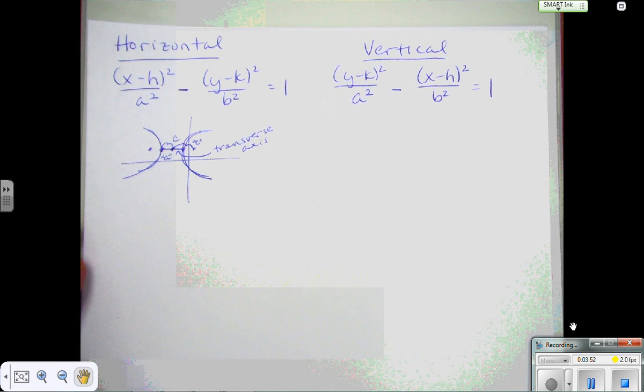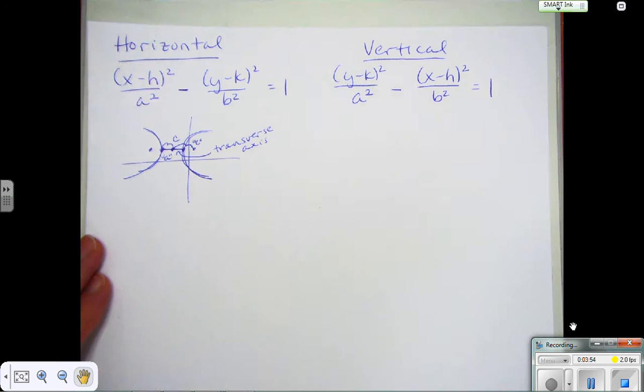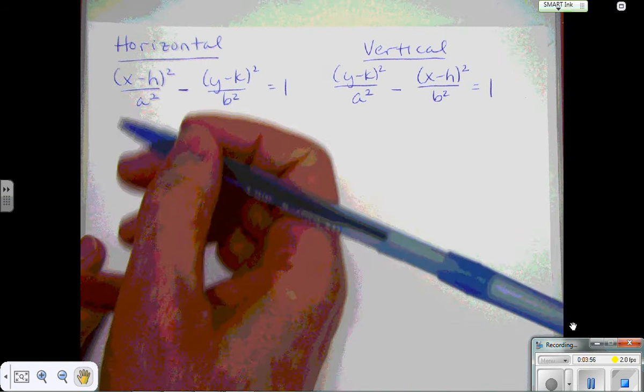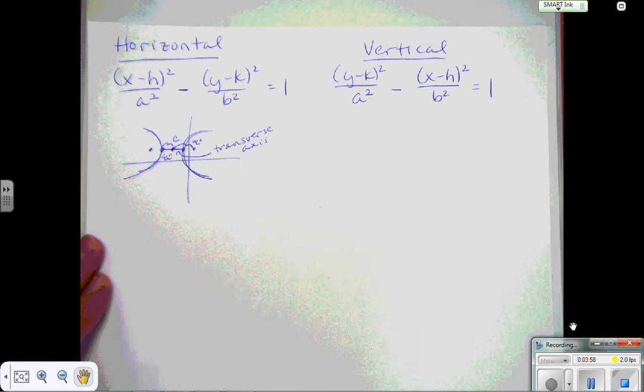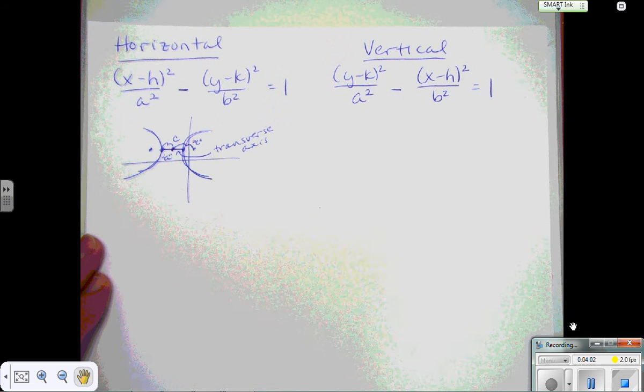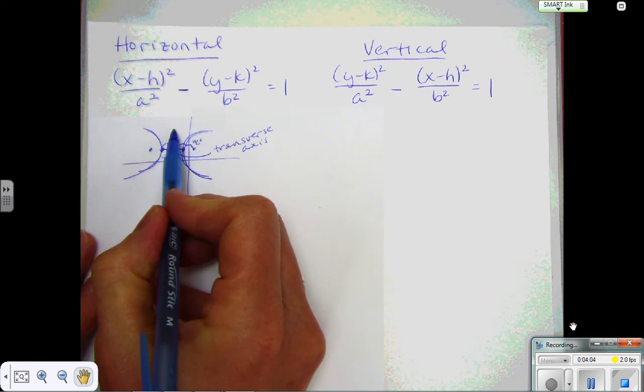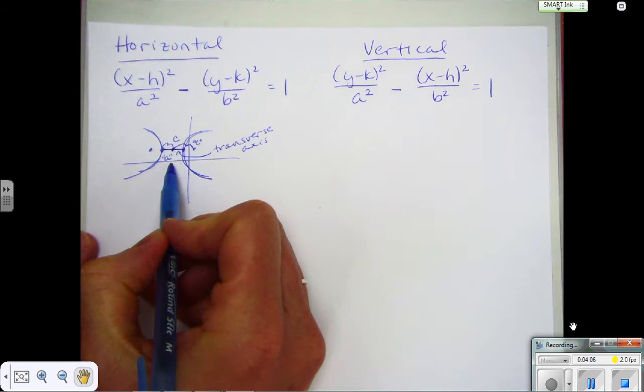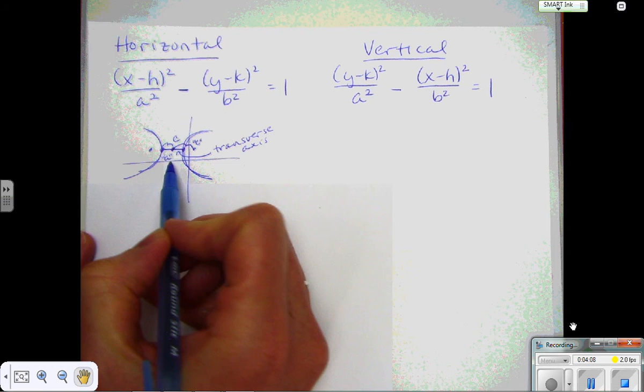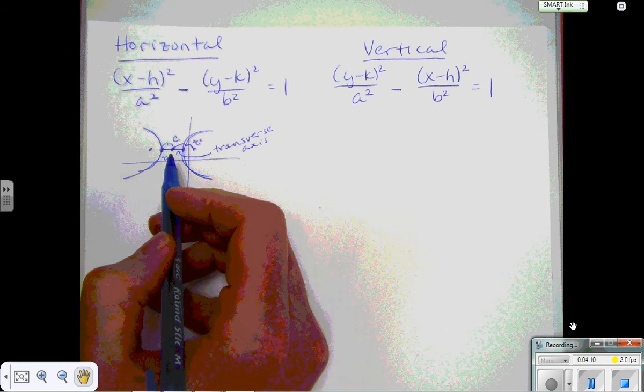Like with the ellipse, you have co-vertices and that minor axis that connects the co-vertices. Well, this doesn't have anything for the segment to have endpoints on. It's kind of out there in the middle of nowhere.